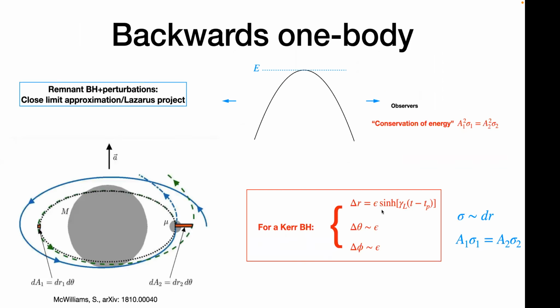So from this argument, we know the next to leading order WKB approximation gives us how the amplitude evolves over time. It is related to the evolution of the cross section.